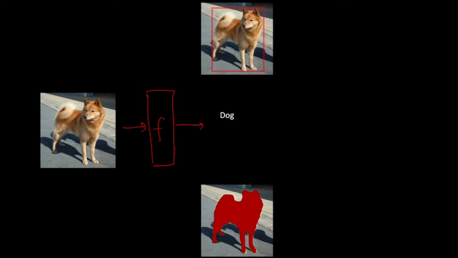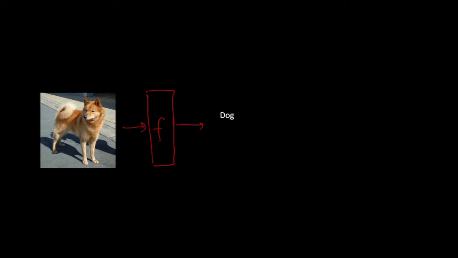Now, the multi-class classification problem is simply that the model predicts the class of the image. For example, because this image contains a dog, the class of this image is dog. Now, how can a prediction model be made to predict the class of an image?